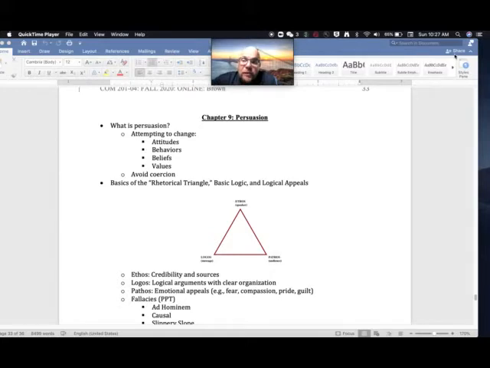So, if you want to change something about people and you want to persuade them, try to change their behaviors and their attitudes. My favorite example of this, because it's so clear to see, is recycling. If you are giving a recycling speech to a group of people who think recycling is pointless, there are those folks that just don't see the point and don't want to spend their time doing it.